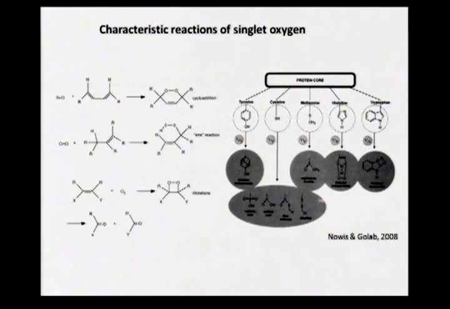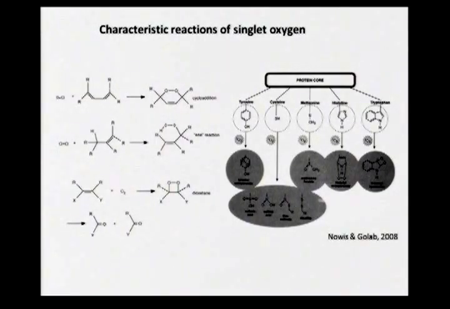So once you produce singlet oxygen, what can happen? Well, singlet oxygen is extremely reactive. I'll show you in a moment that the particular reactions that take place are very dependent on the localization of the singlet oxygen. But in principle, there are many, many photochemical effects that can happen. And these can happen in proteins, they can happen in lipids, they can happen in DNA, if you can get the photosensitizer into the nucleus.